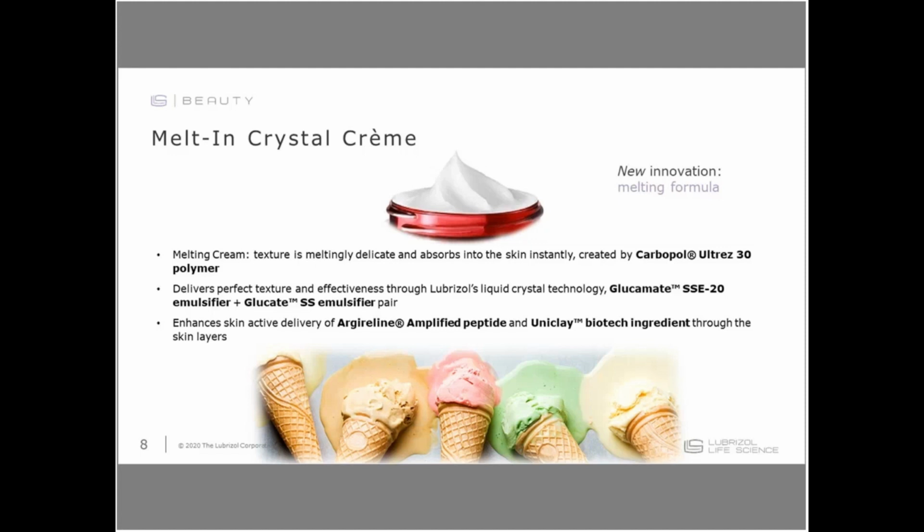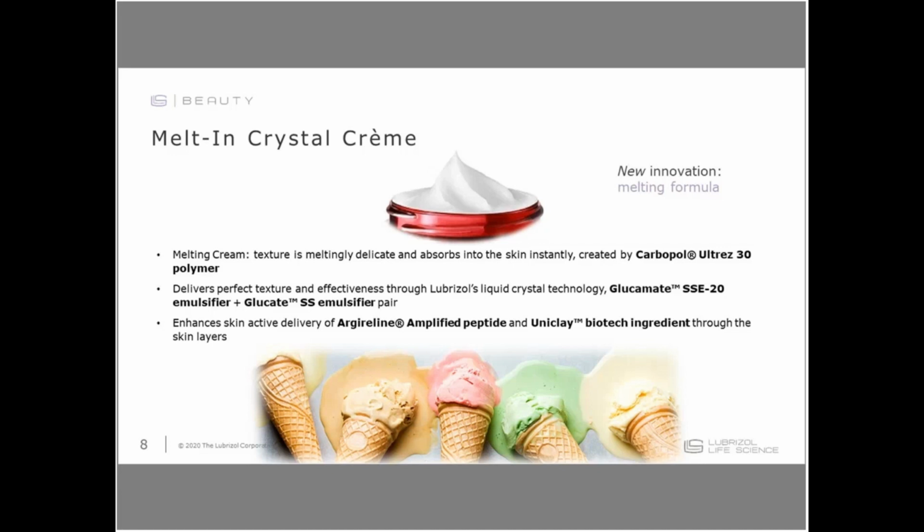So with Glutamate SSE20 and Glucate SS emulsifier pair, we enhance the stability and effectiveness of the emulsion through Lubrizol's liquid crystal technology. Lastly, we add the active ingredients or the flavor, whether it's chocolate, vanilla, strawberry.